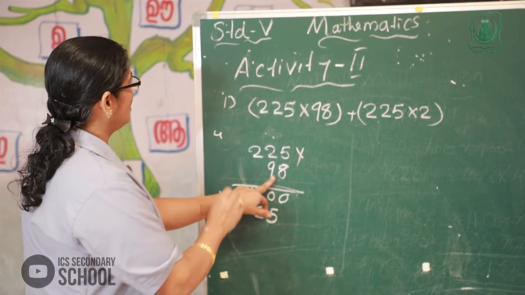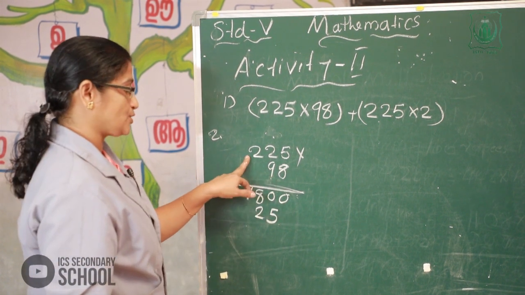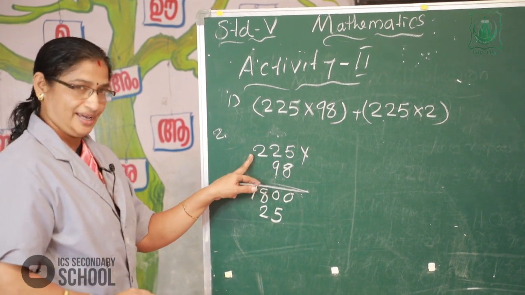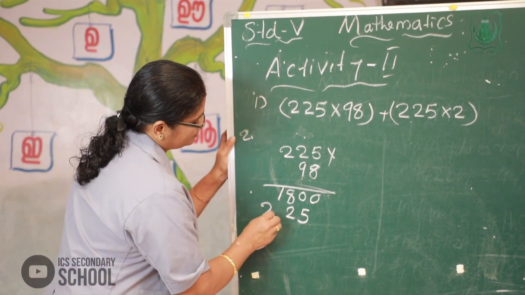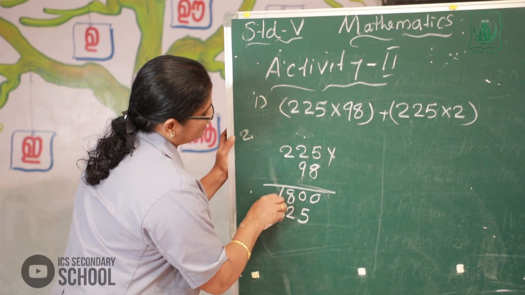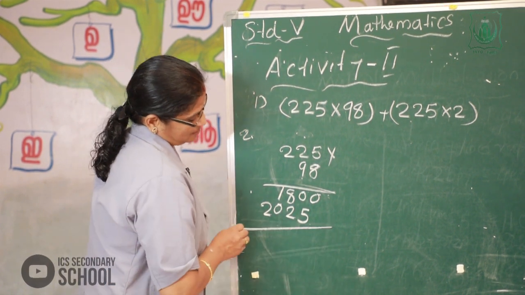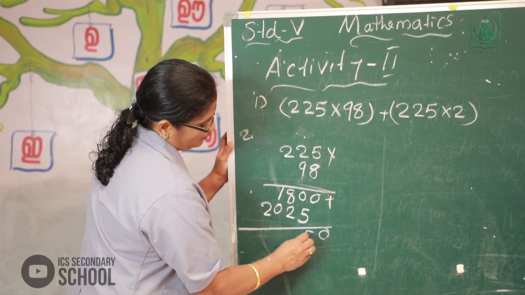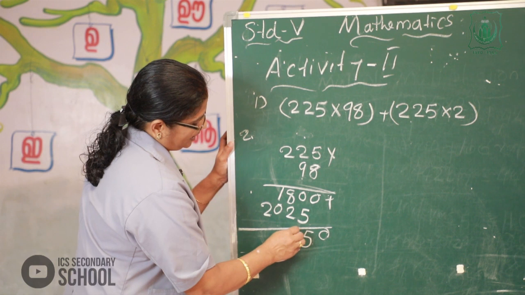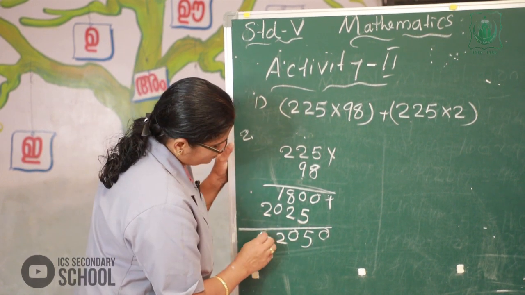Next, balance 2. 9 into 2, 18. 18 plus 2, 20. Add this number: 0, 5, 10, 2, 2.